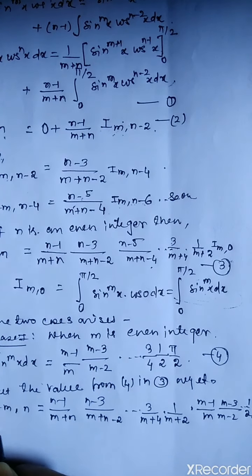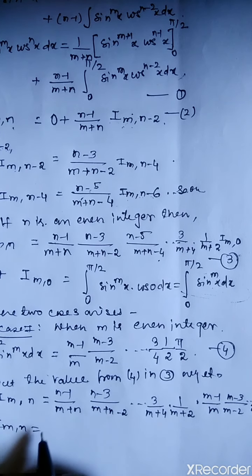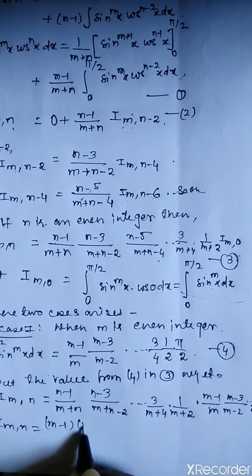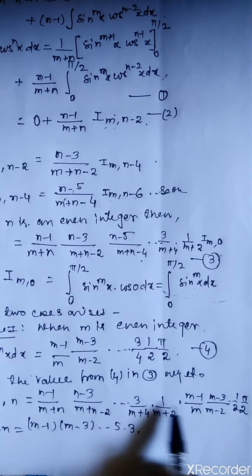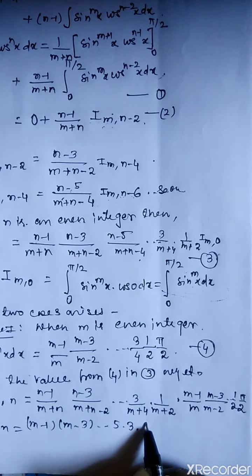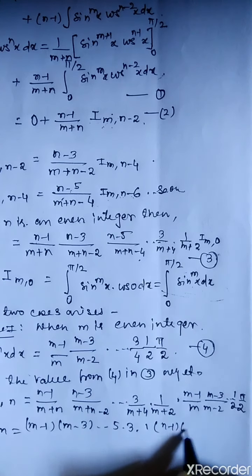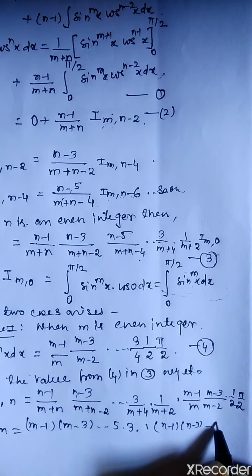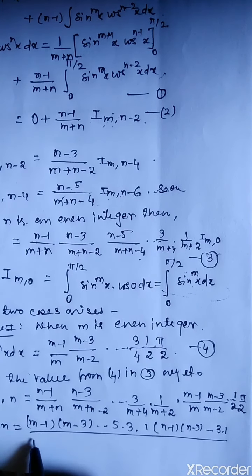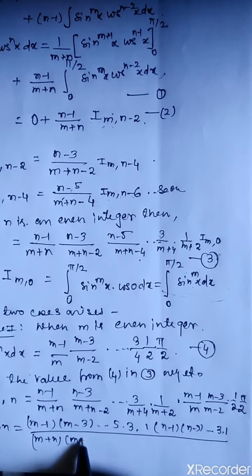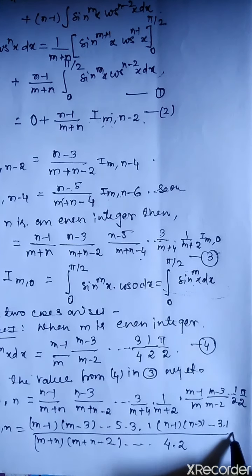Therefore I_{m,n} equals, now arrange this value, we will write it as (m minus 1)(m minus 3) up to 5, 3, 1, and here (n minus 1)(n minus 3) and so on up to 3, 1, divided by the next value, here is (m plus n)(m plus n minus 2) up to 4, 2, and also pi by 2.